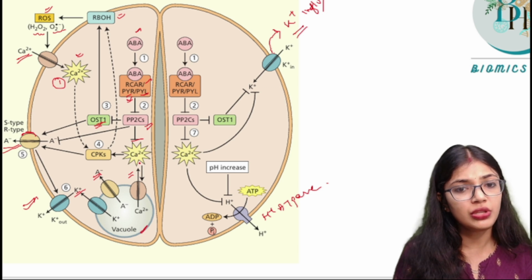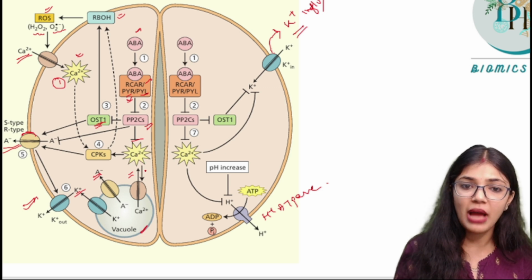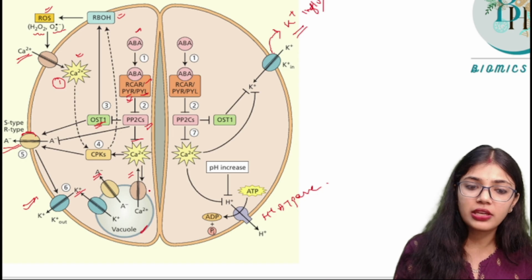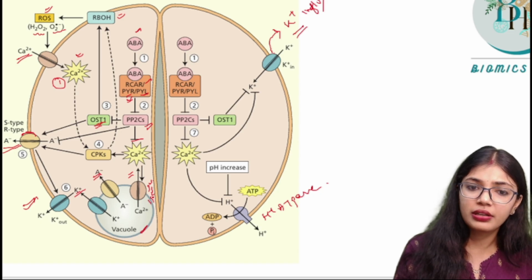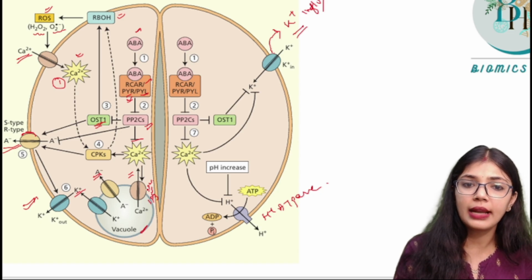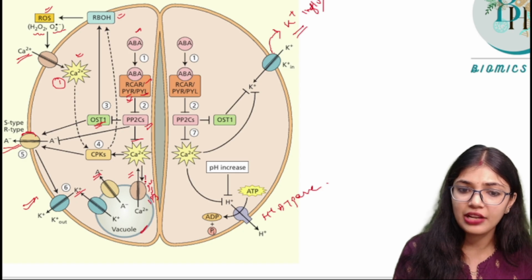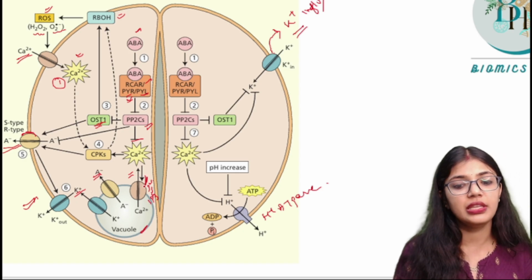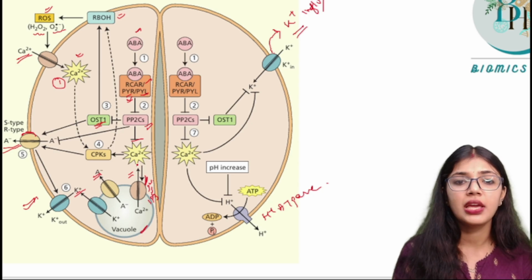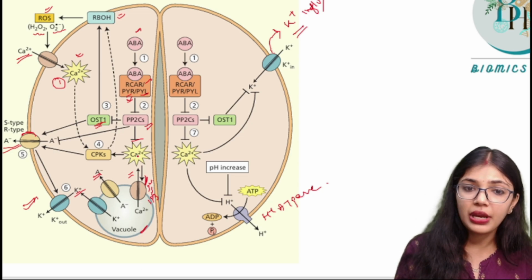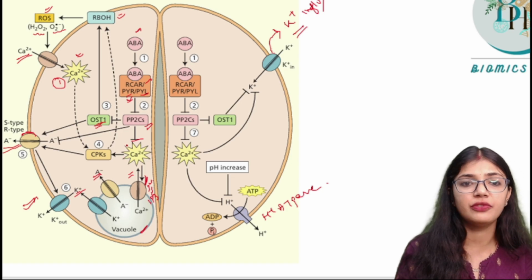In the vacuoles, there was PLC present. This PLC is being converted into IP3, and this was interacting with the calcium channel in this vacuole, and it was helping this calcium to export from the vacuoles. This is the other way how the calcium is being transported to this guard cell.